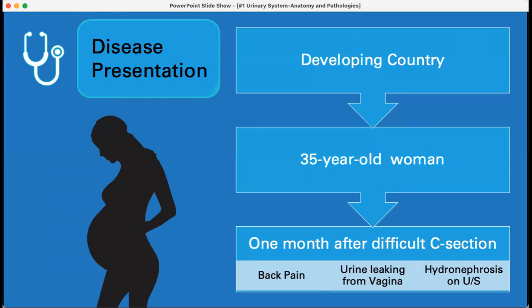So she comes back a month later with back pain. Urine is leaking from her vagina. So she's incontinent. And on ultrasound, she's got a large kidney. It's called a hydronephrosis on the ultrasound on one side.